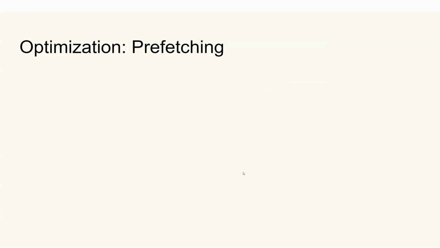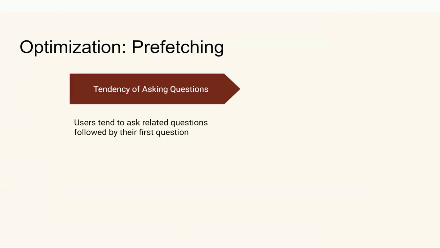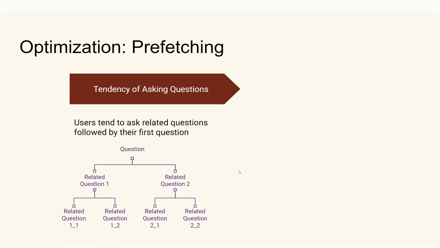In this project, we devised a prefetching technique to solve such long latency issues. Before introducing our technique, we would like to introduce our observation. We found that users tend to ask related questions following their first question. As you can see in this tree, after asking the question at the root, the user may want to ask related question 1 and related question 2.